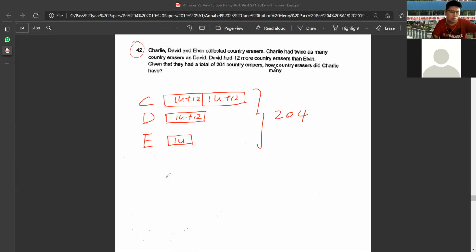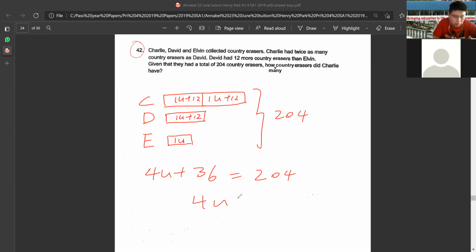No. 204 doesn't need to times anything. All this added up is 204. All this added up is how many units? You count 1, 2, 3, 4. 4 units. 4 units plus 36, because 12 plus 12 plus 12 is 36.